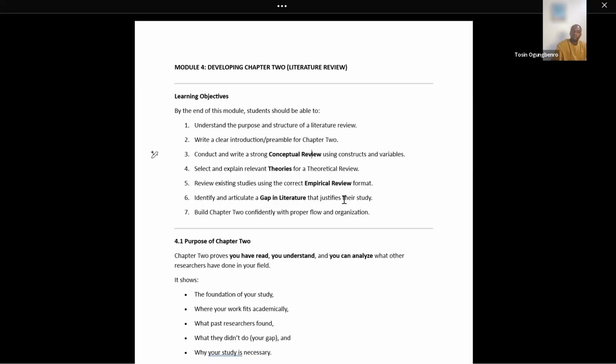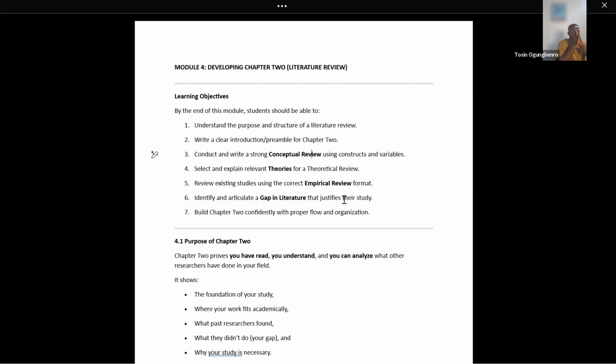So chapter 2 carries a lot of votes in the pot of soup of research. The third in that order is methodology. So chapter 2 is very, very important.